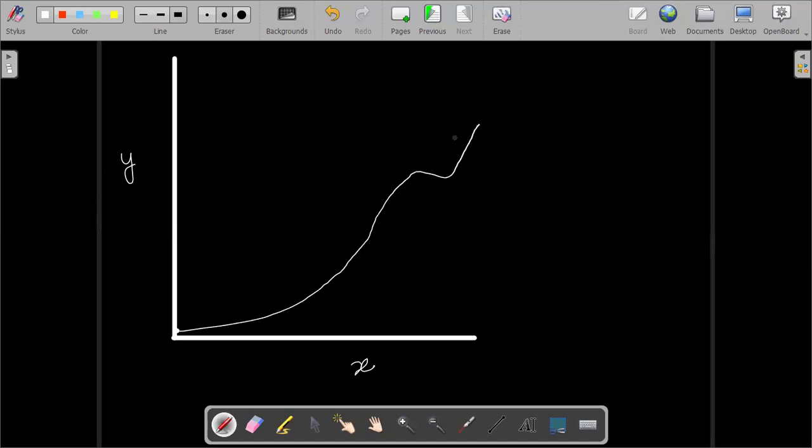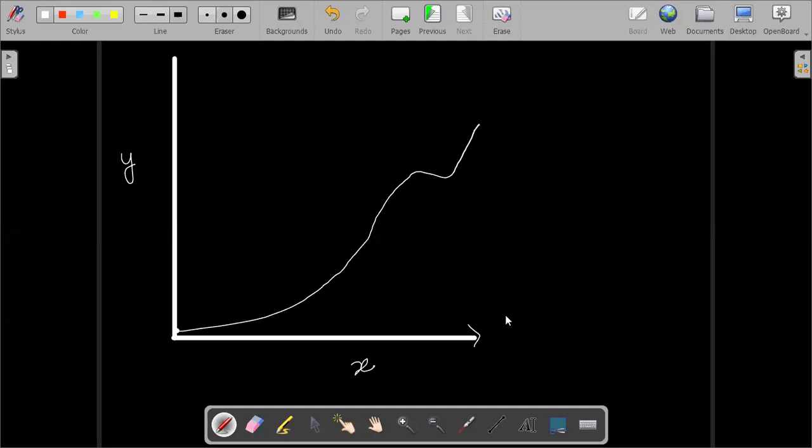From this graph, I can see that the graph is not a linear graph. Is this graph a straight line? No, the graph is not a straight line and hence it is not a linear graph.